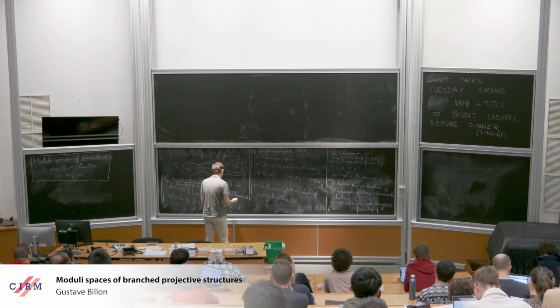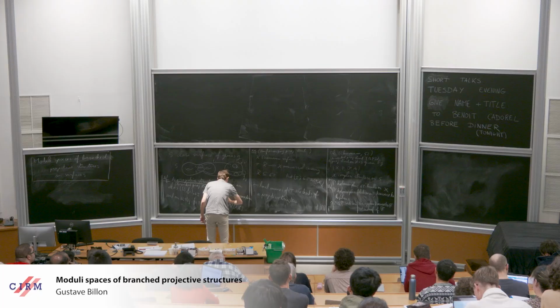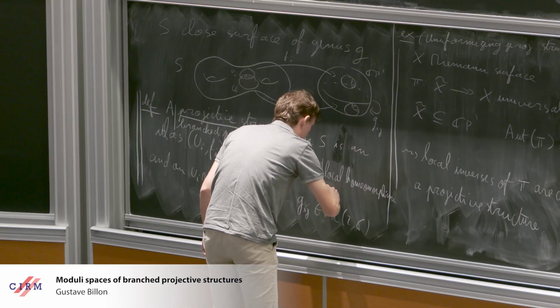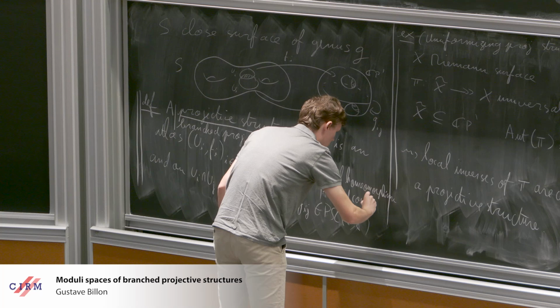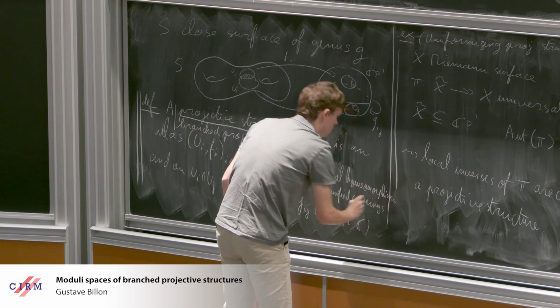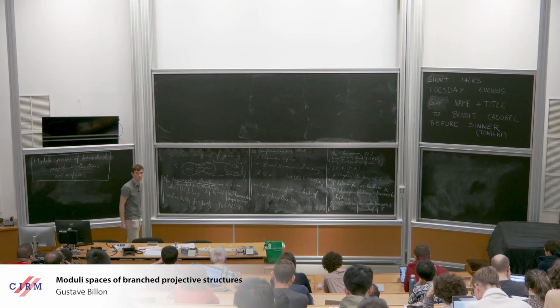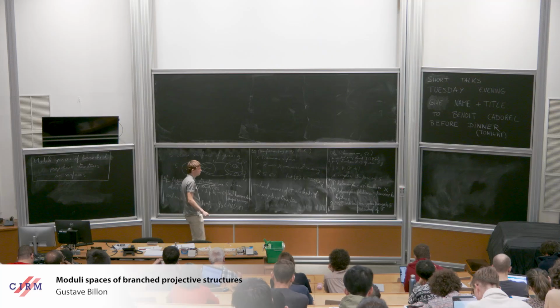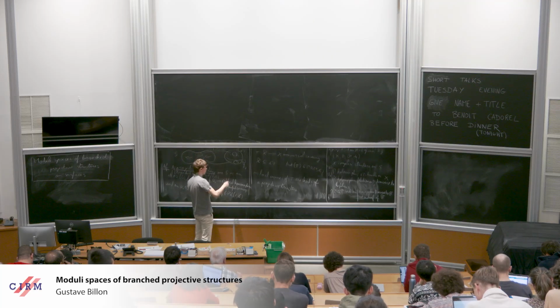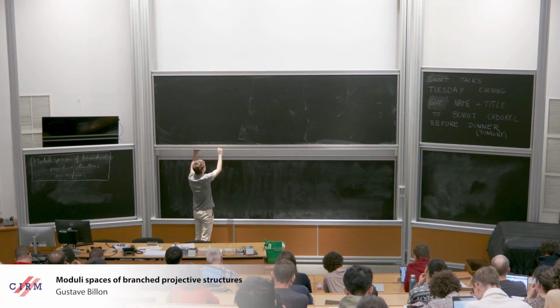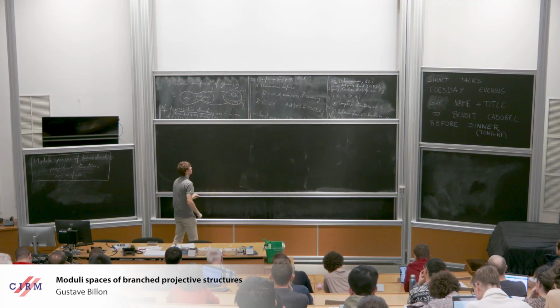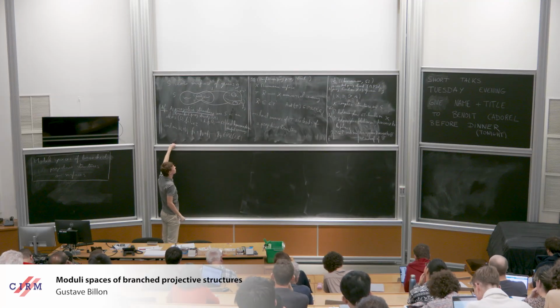You allow the f_i to be local ramified coverings over their image. So that's the notion I'm going to talk about.